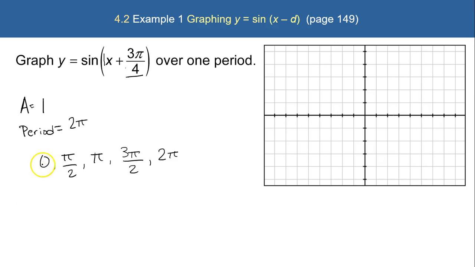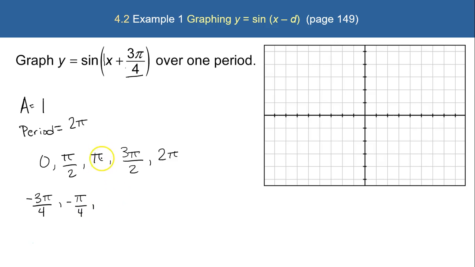So for 0 here, let's subtract our phase shift, 3 pi over 4, from 0. Subtract this by 3 pi over 4, and you get negative pi over 4.